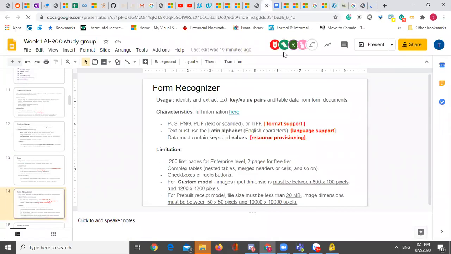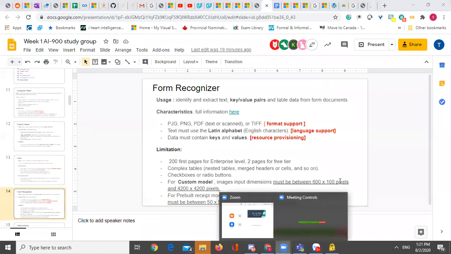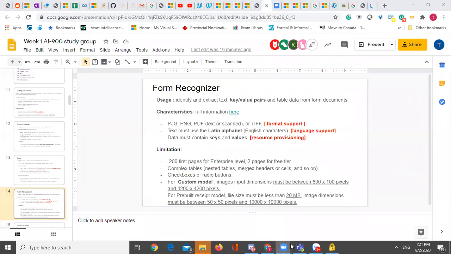Okay, let me mute this and we can use my other computer. Okay, hope everyone can hear me, and so sorry about the hiccup.